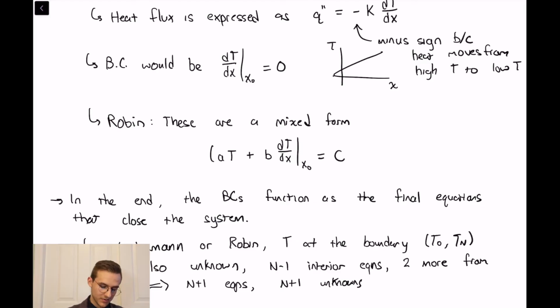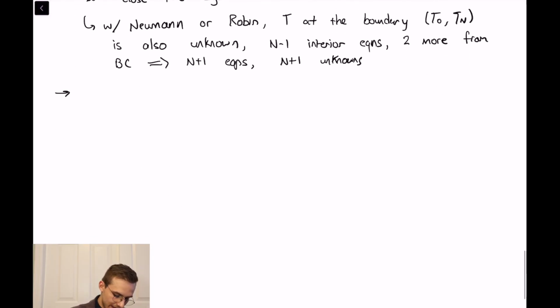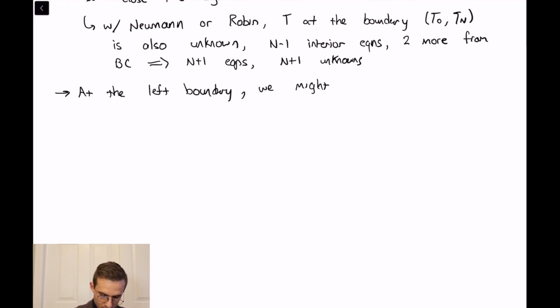The simplest thing that we would choose is forward Euler. So at the left boundary we might employ a forward difference.